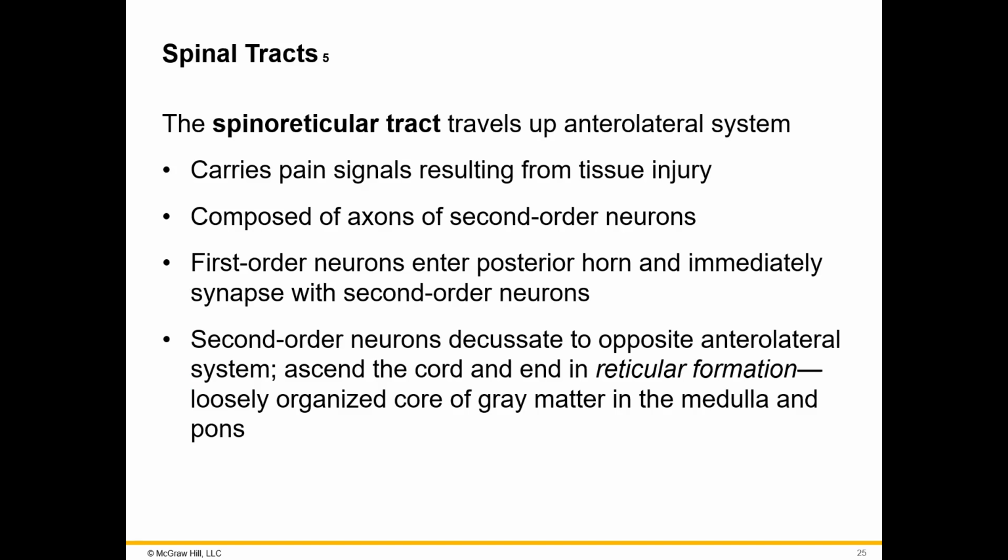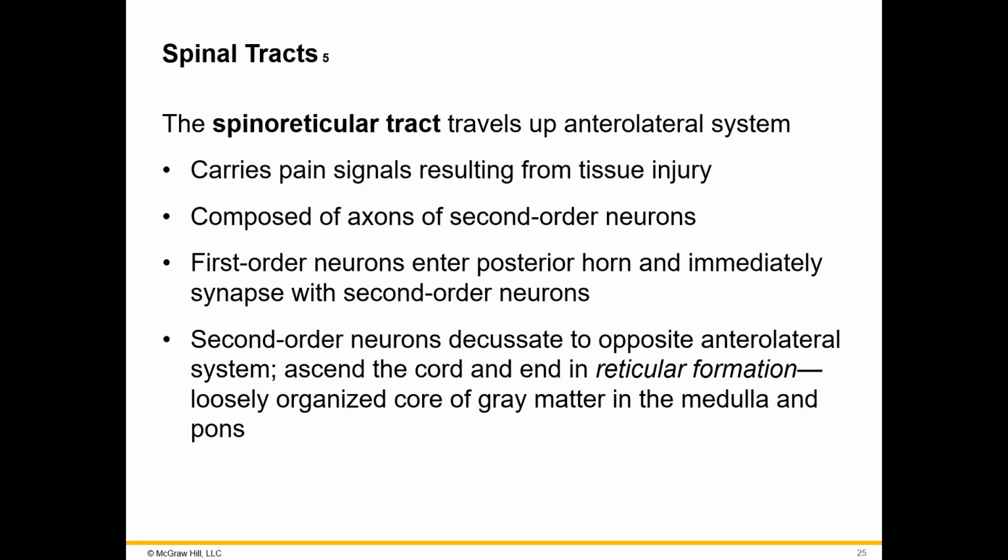And so is the spinoreticular, because where is the reticular formation? That's in your brain. Remember we had two lines here. One line is from the spine to the thalamus, right? That's the spinothalamic.